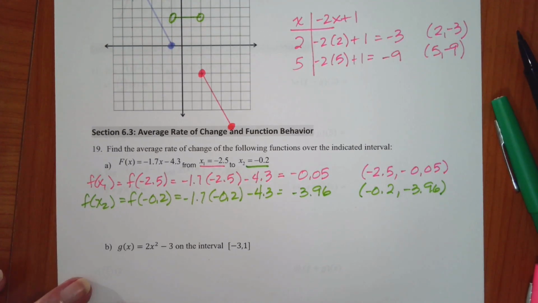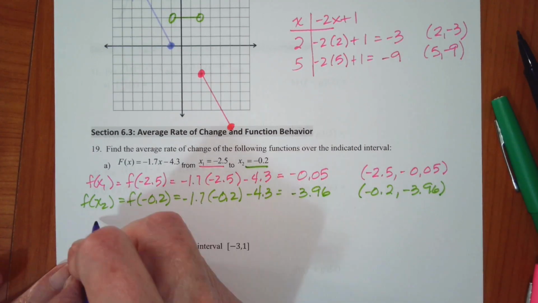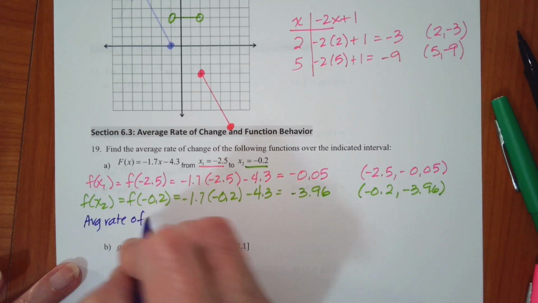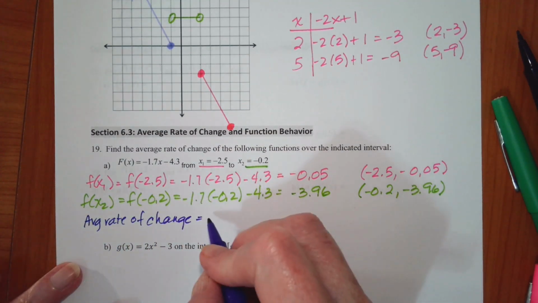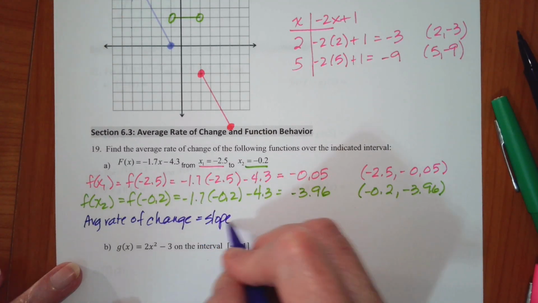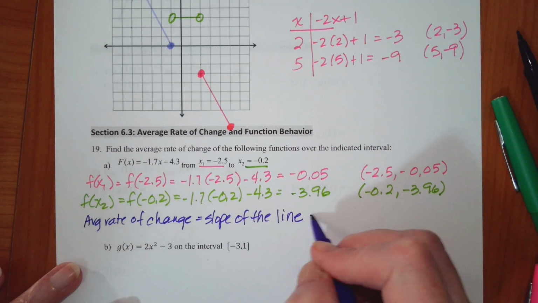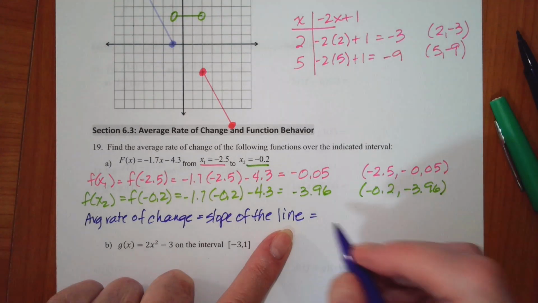Now I use my slope formula. I'm going to find the slope of that line. So the average rate of change equals the slope of the line equals y2 minus y1.